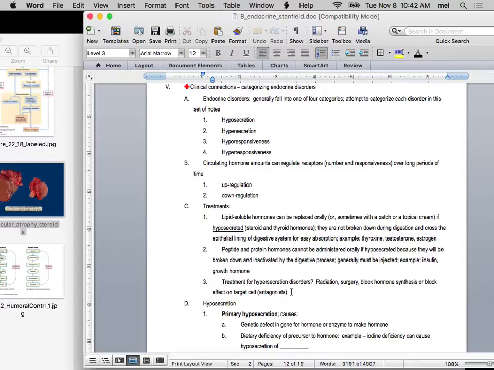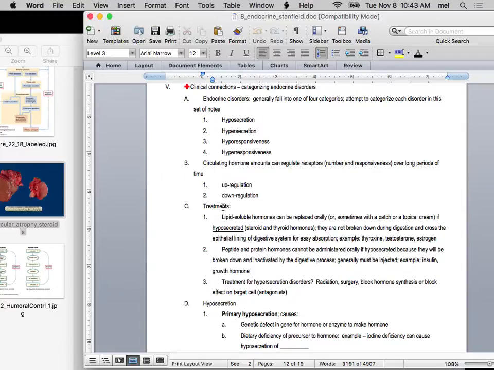Like, remember I told you there are estrogen antagonists. You don't have antagonists for every hormone. But when they exist, you can use them for hypersecretion disorders. Or theoretically, you could figure out how to block the hormone synthesis, but we almost never have the capacity to do that. Okay? And then let's go back to hyposecretions. With a hyposecretion, if it's a lipid-soluble hormone, the steroid and thyroid hormones, right?